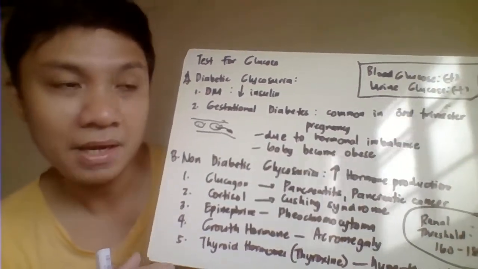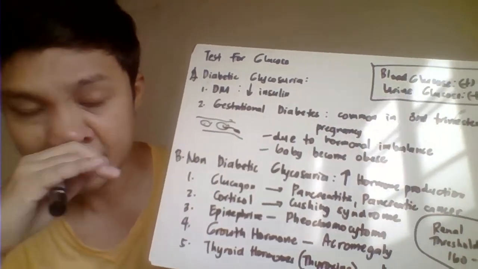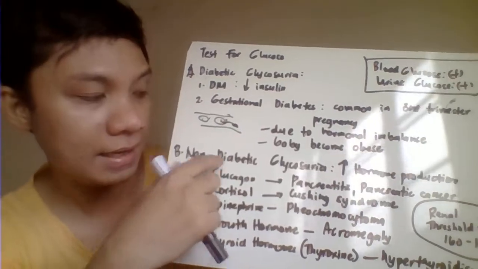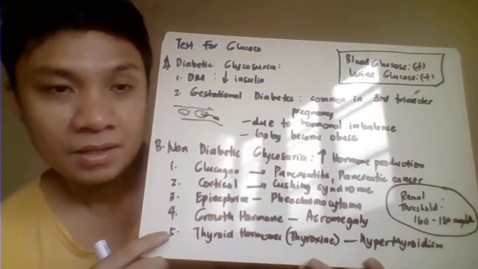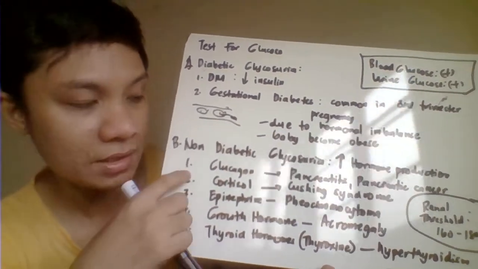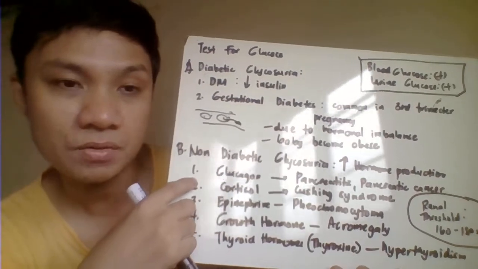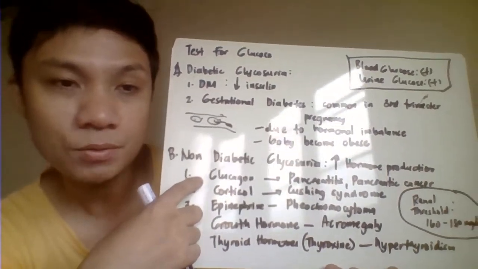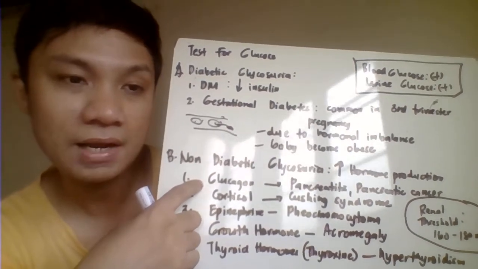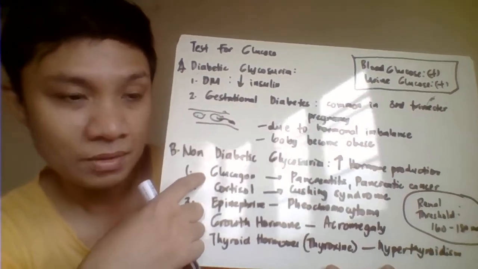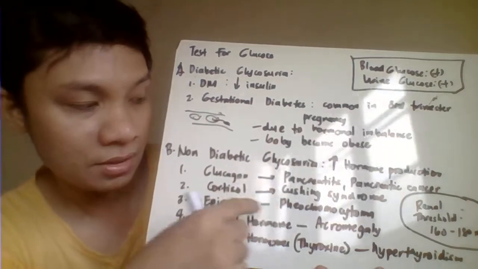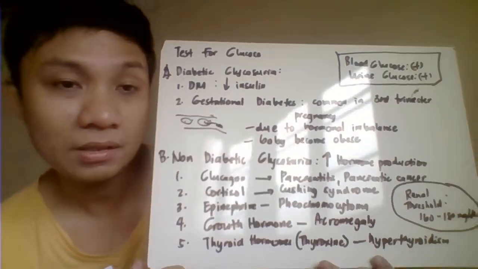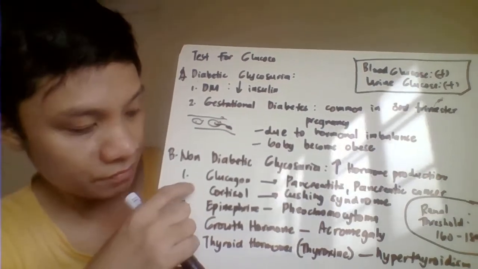Another mechanism of increased blood glucose is attributed to non-diabetic glycosuria. Increased blood glucose is because of the increased production of the different hormones which increase your blood glucose. Glucagon is produced by the alpha cells of the islets of Langerhans of your pancreas, so increased glucagon production in pancreatitis or pancreatic cancer tends to increase your blood glucose.